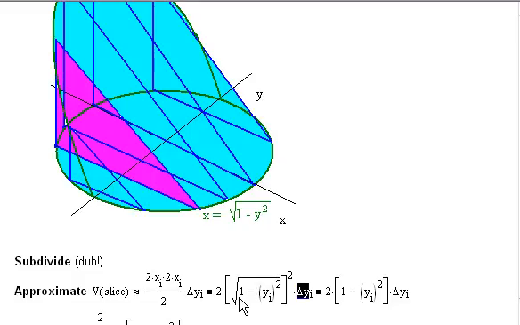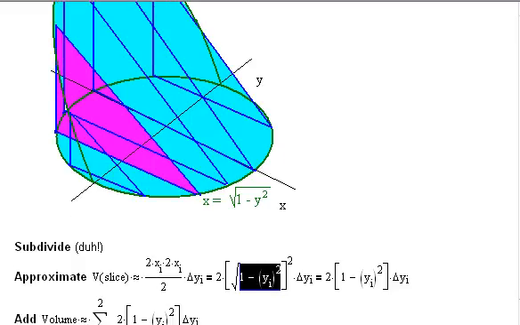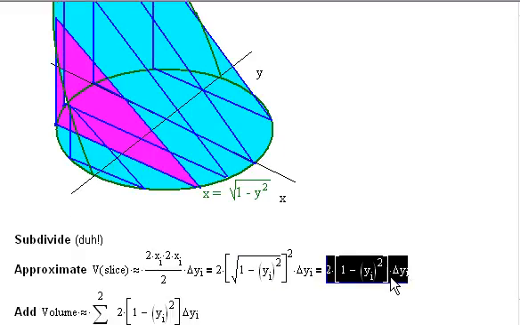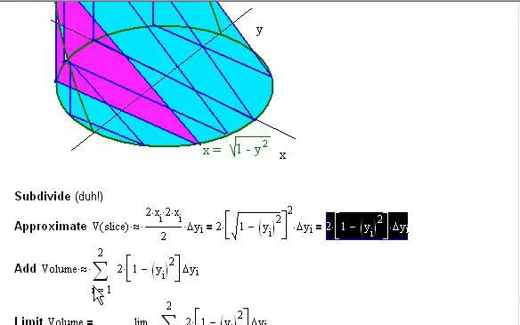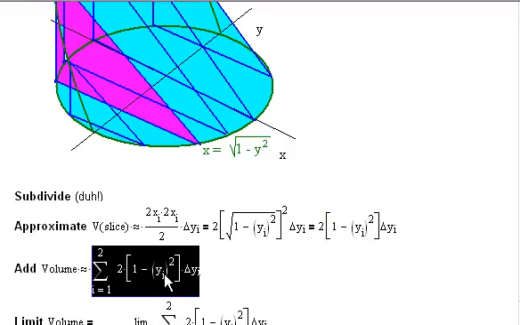So I replace the x_i squared with the square root of 1 minus y sub i squared, squared. And of course that simplifies as just 1 minus y sub i squared. And so that is the approximate volume of a slice. And if I added all those up, the volume of the entire figure is approximately equal to this.